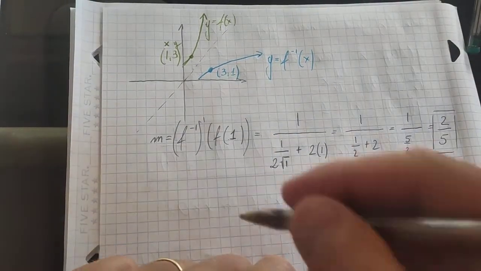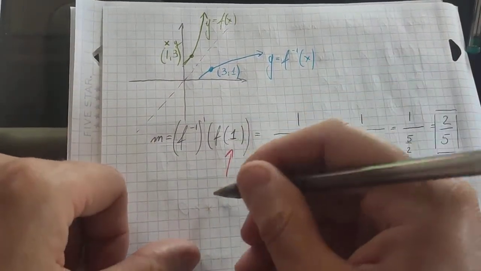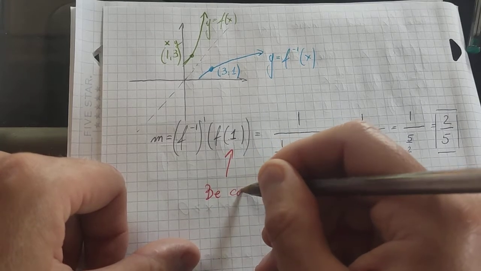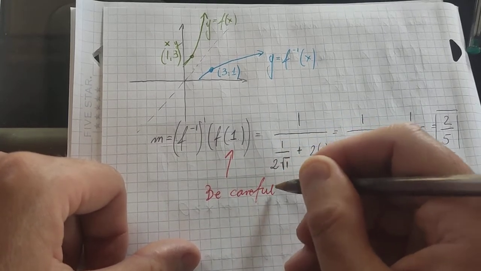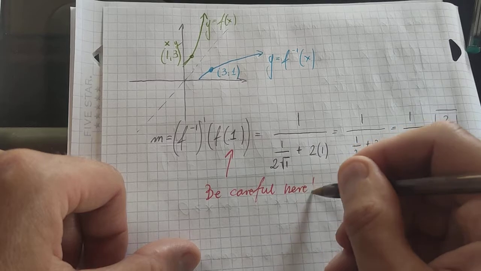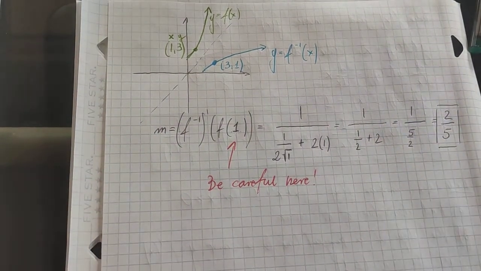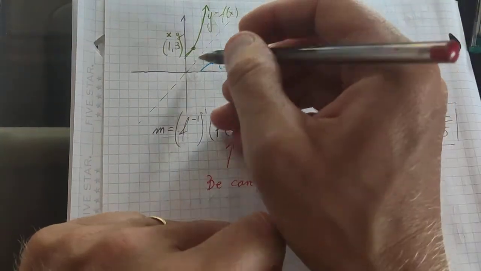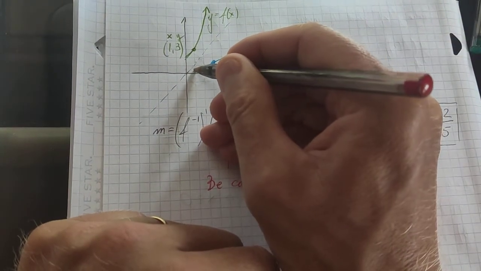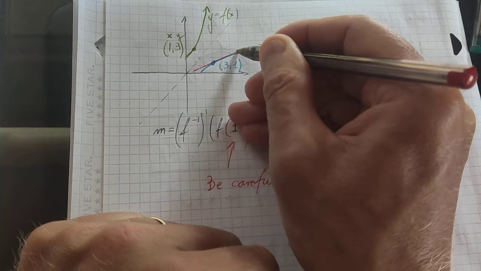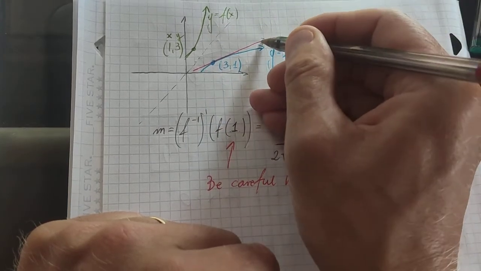Alright. So be careful here. So the slope, where's that line? That line is here, the tangent to my inverse at that point.